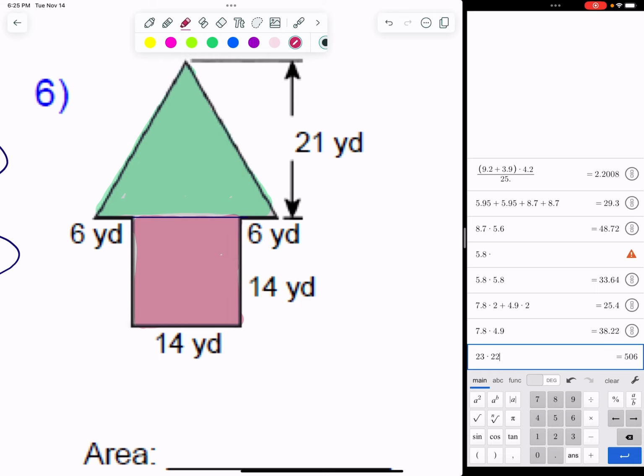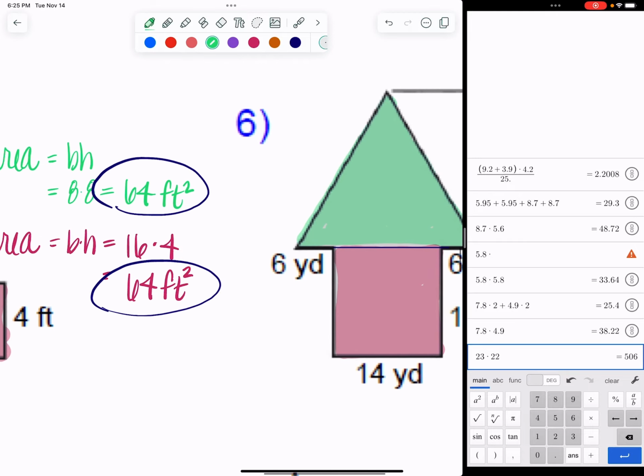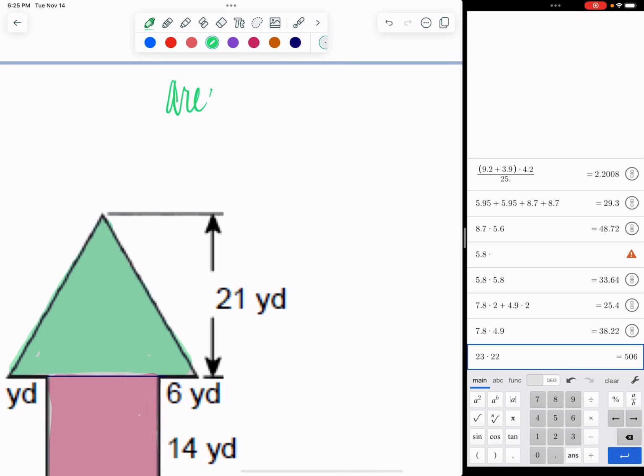And now that I colored it, it kind of looks like a tree. So we haven't done area of a triangle yet. Here we go. I'm going to stick it up here in the corner. Area of a triangle is 1/2 of the base times the height.